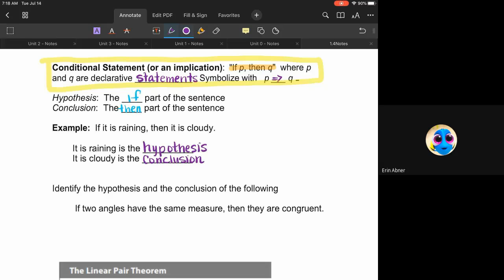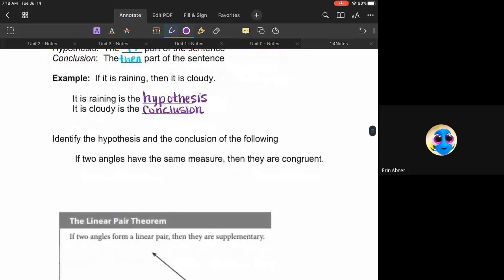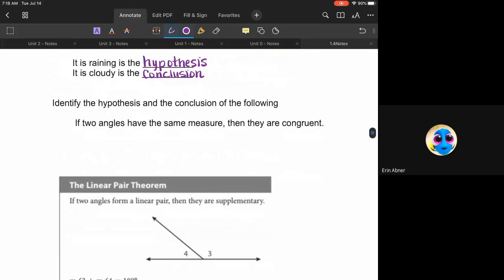So since we have our if and our then, now we can move on to the fun part. So identify the hypothesis and the conclusion of the following. So if two angles have the same measure, then they are congruent. Okay, so we're going to look for the hypothesis.